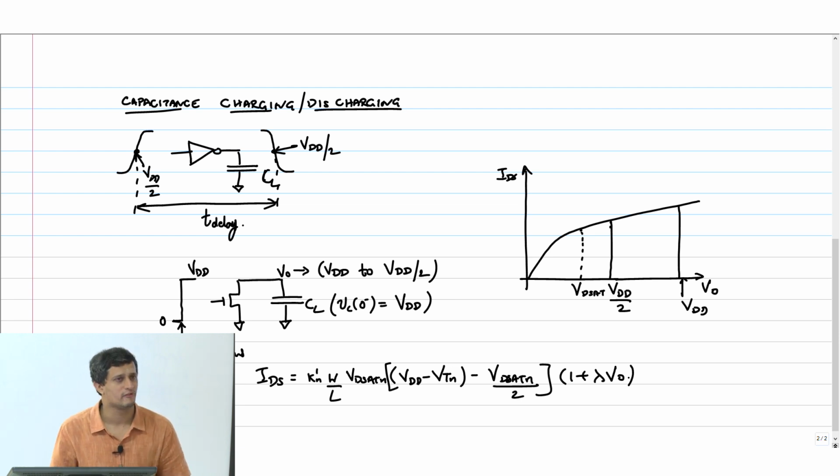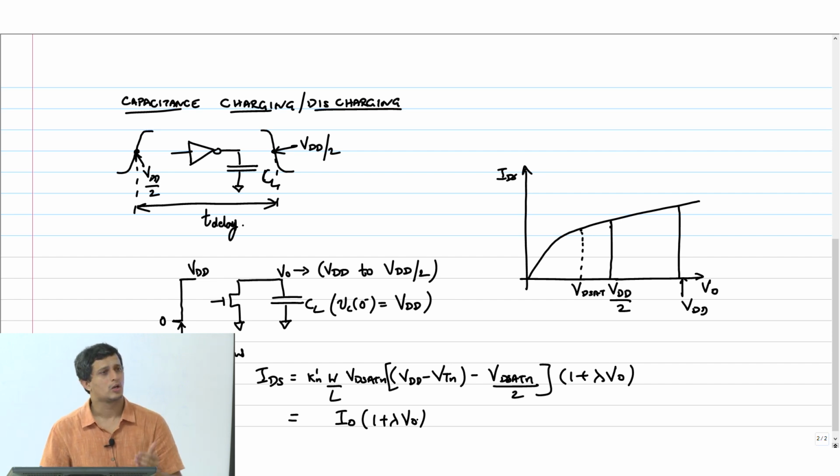Suppose this is a long channel device, then this would be in saturation, where this would just be Kn prime by 2 W by L into VGS minus VT, VDD minus VT the whole square. Okay, so let me not worry about all that. I will just write this as I naught into 1 plus lambda V naught. Whether it is velocity saturated or not, or it is in saturation, I naught is independent of V naught. That's the only thing I am worried about.